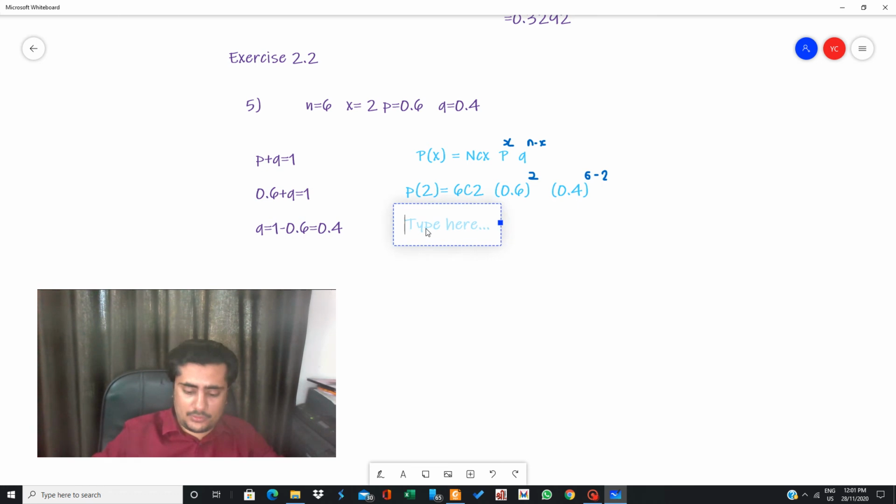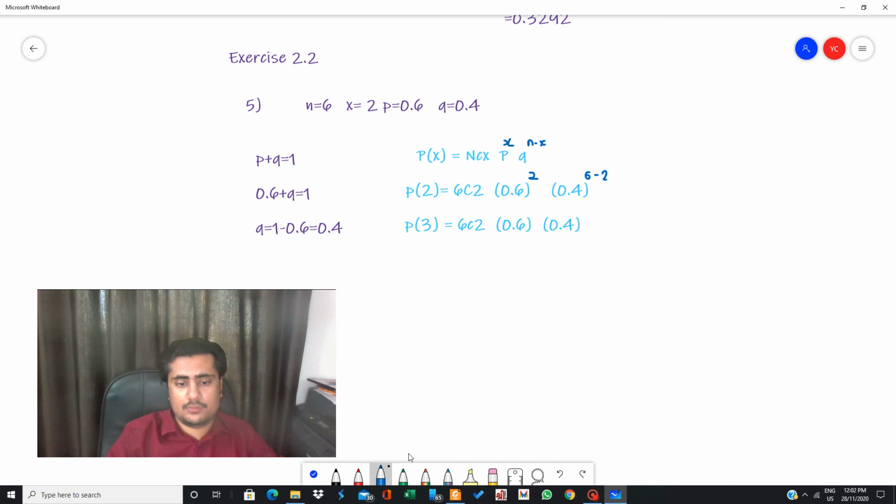So P of 2 will be 6C2, 0.6 raised to 2, and 0.4 raised to 6 minus 2.